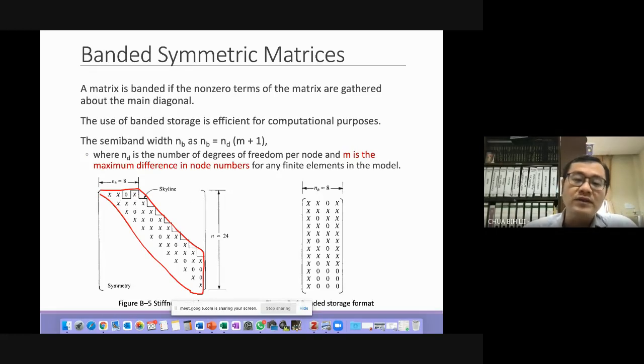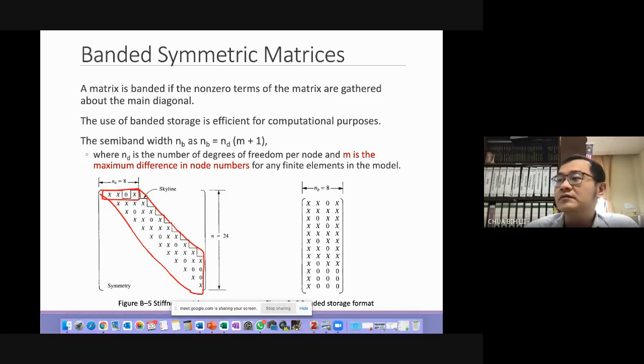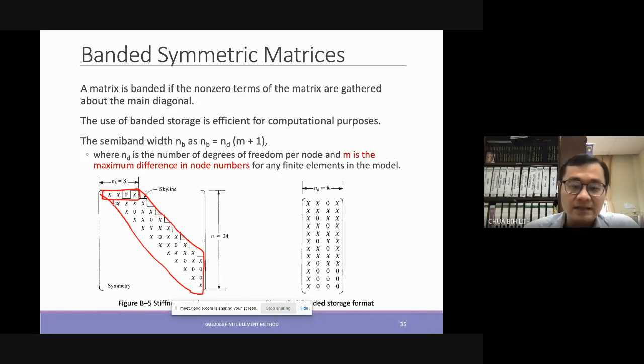So if we take these characteristics, now we can form a symmetric banded matrix by taking only this. You can see this is going up to 4, the first row going up to 4, then the second row also going up to 4, third row also going up to 4.